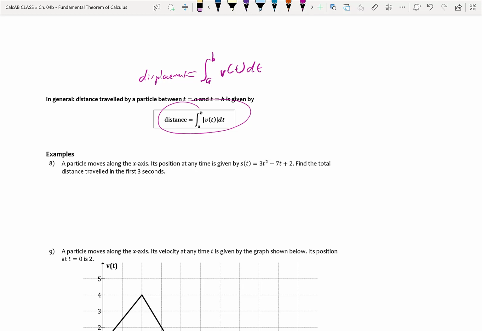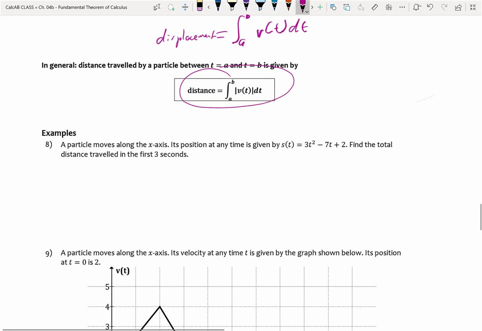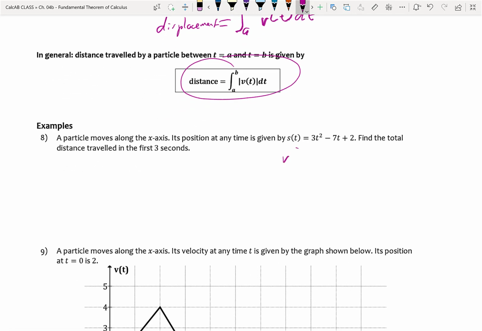So first step. We want to know what v of t is. v of t is 6t minus 7. Next step. We need to figure out what the integral of 6t minus 7 is from t equals 0 to t equals 3 of dt.